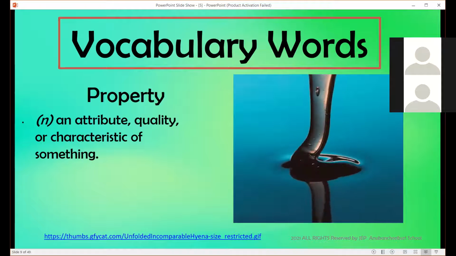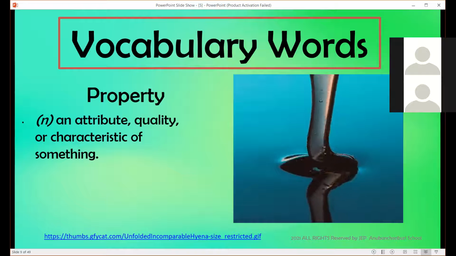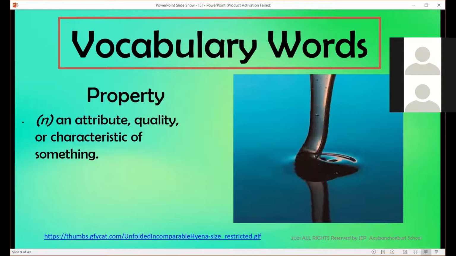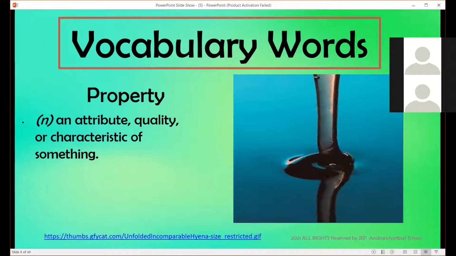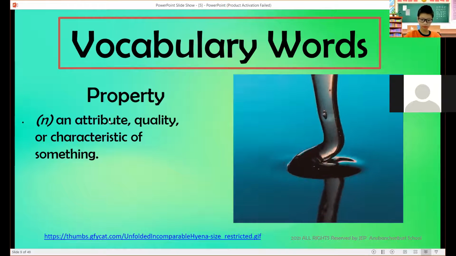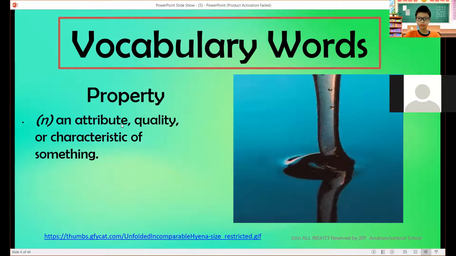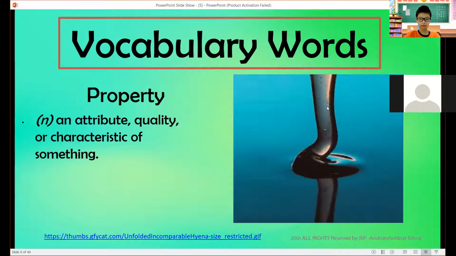An attribute, quantity, or characteristic of something. Thank you. An attribute, it is pronounced as attribute, quality or characteristic of something, like the one you see in the picture.